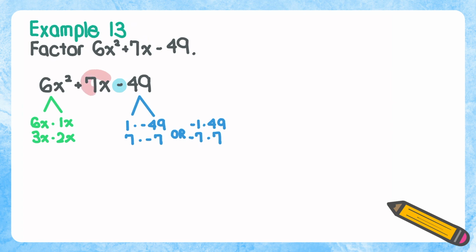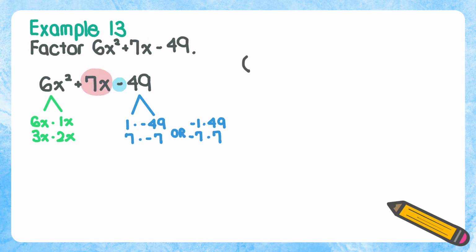So which combination is going to give us this middle 7x? So let's try out an option. So I'm going to try out the 6x and 1x pair. And then let's see. So why don't I try 6x plus 7 and 1x minus 7?